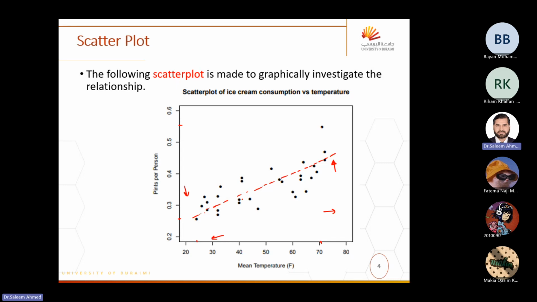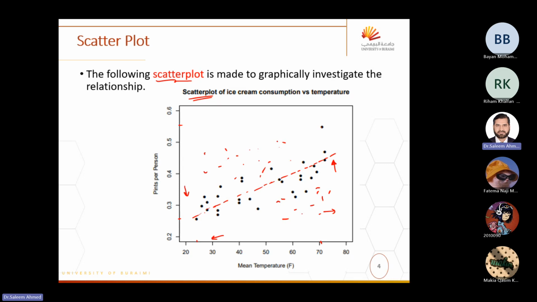And this plot is called the scatter plot. If I just plot the points x1, x2, x3, x4, and so on, along with y1, y2, y3, these are called the scatter plot. Okay, the points are scattered all over the place here. So we call it a scatter plot. So a scatter plot may suggest, yes, there is a relationship. Let's say if we have a lot of points here and a lot of points here as well, right?